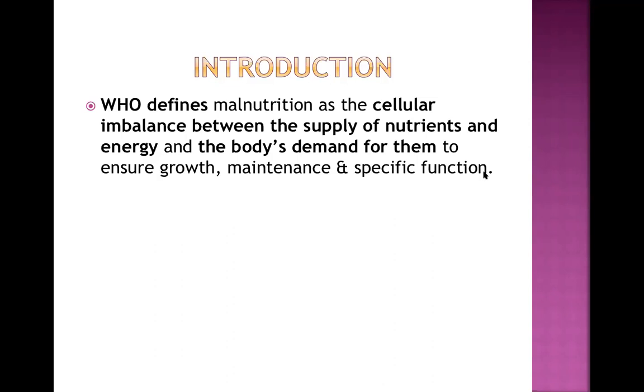There is a good demand because these babies are growing very rapidly, but if the supply is far less than the demand, it results in malnutrition. And nutrition is very much essential for growth, maintenance, and specific functions of different organ systems of our body.